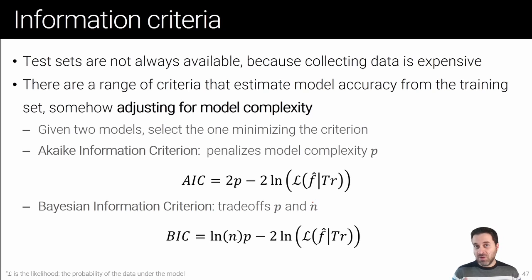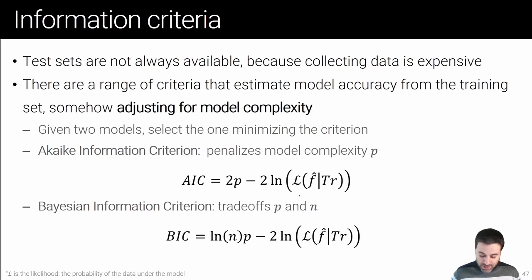And we typically talk about two: the Akaike Information Criterion, or AIC, and the Bayesian Information Criterion, or BIC. They're very similar. The idea in general is that we compute the likelihood of the model given the training data. The likelihood is essentially the probability of observing the data under this model.